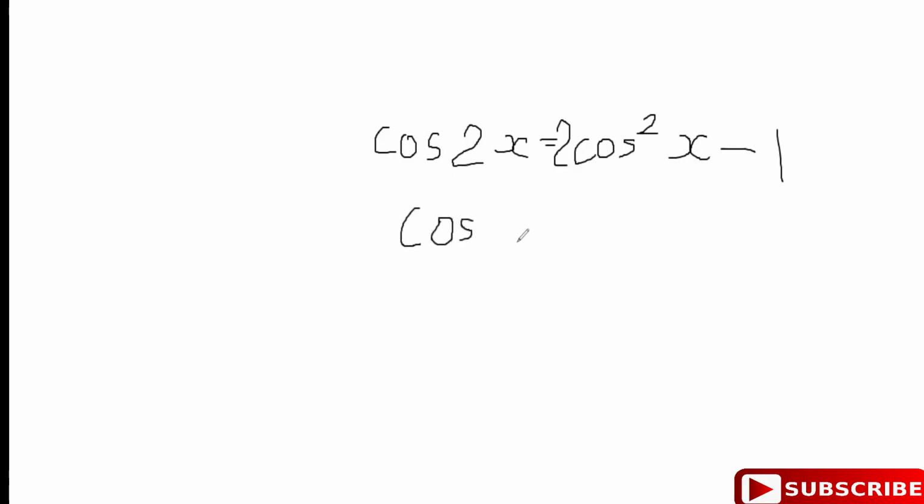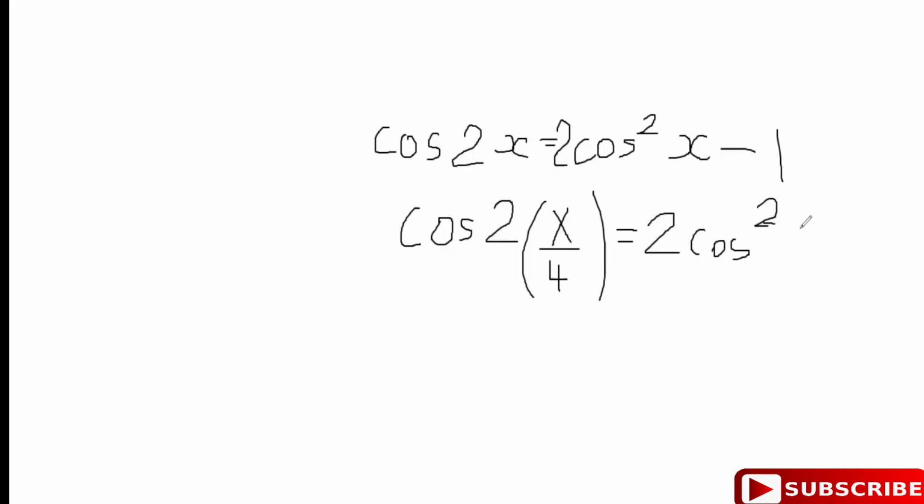And so if I were to call this x now x over 4, the cosine of 2 times that small x, which is now x over 4, is equal to 2 times cos square x over 4 minus 1.